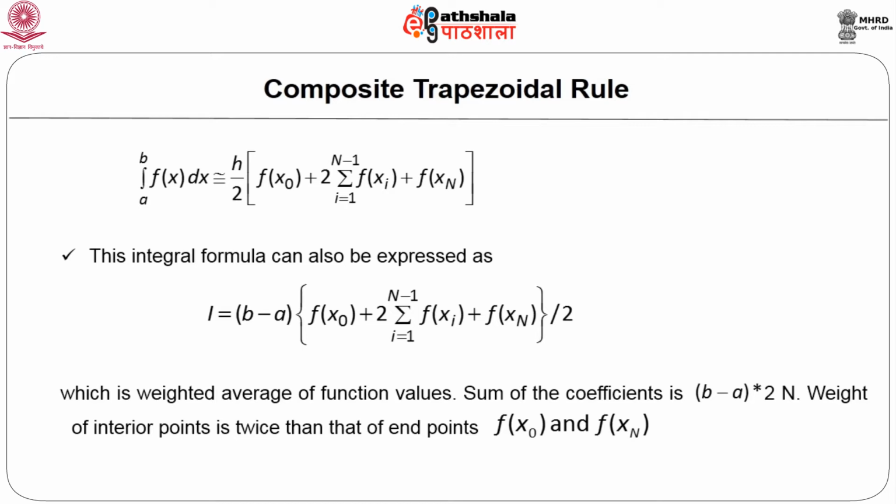So this becomes (b minus a) into the bracket f(x0) plus 2 times sigma i equal to 1 to n minus 1 f(xi) plus f(xn), divided by 2n. The sum of the coefficients in the numerator is 2n and the denominator is also 2n. This looks like a weighted average of the function values at some chosen points within the interval.